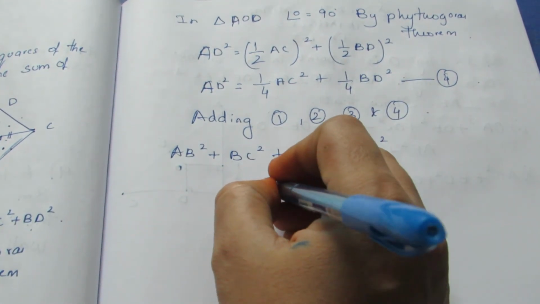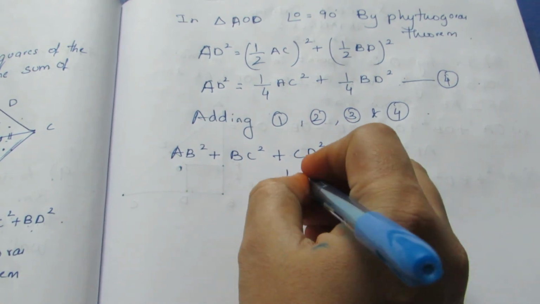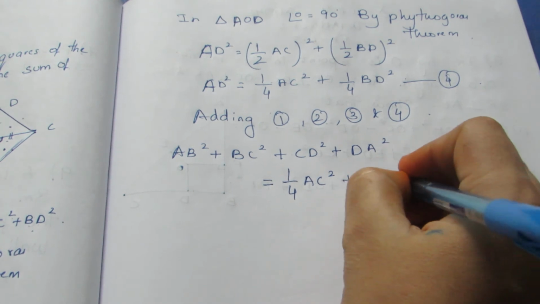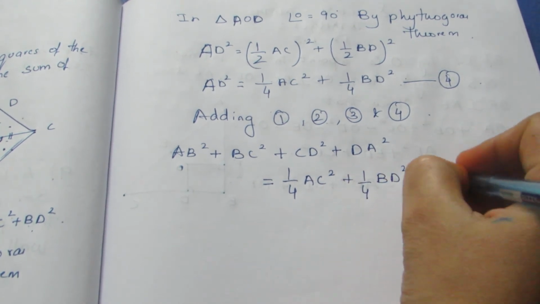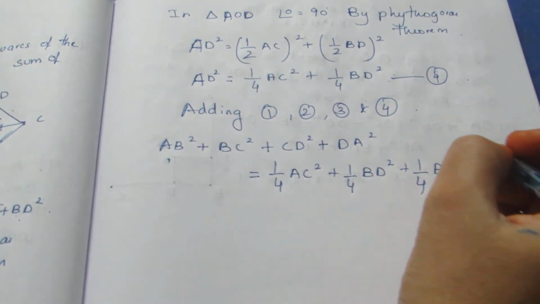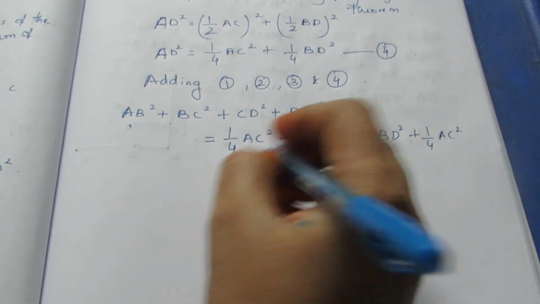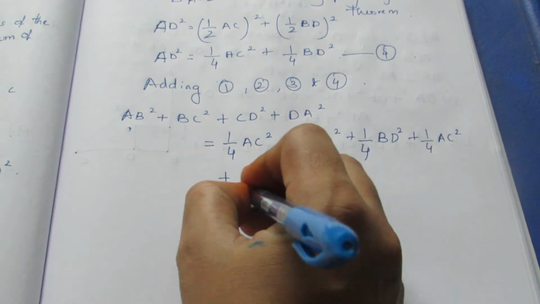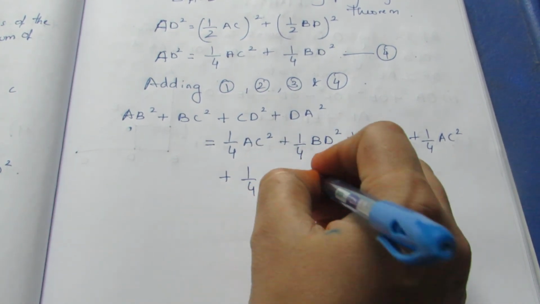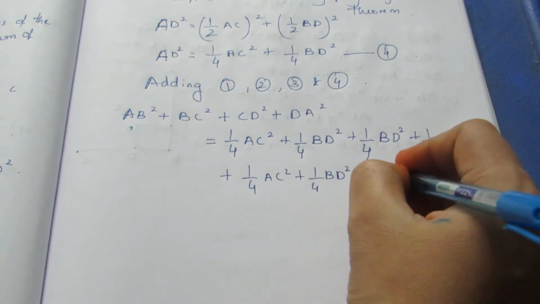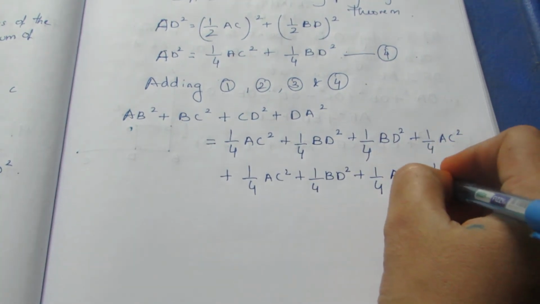On the RHS we have 1 by 4 AC square plus 1 by 4 BD square plus 1 by 4 BD square plus 1 by 4 AC square plus 1 by 4 AC square plus 1 by 4 BD square plus 1 by 4 AC square plus 1 by 4 BD square.